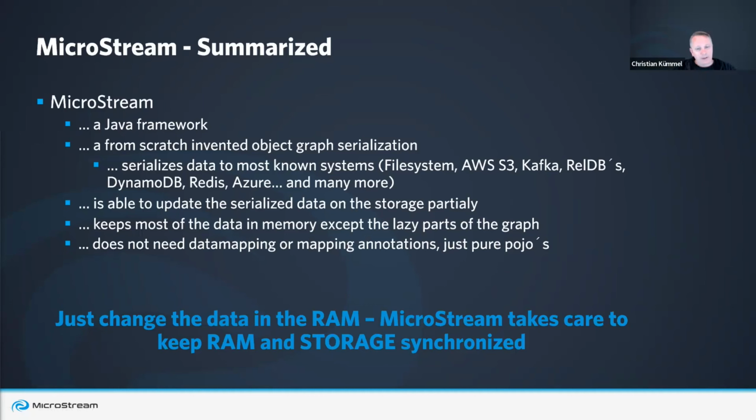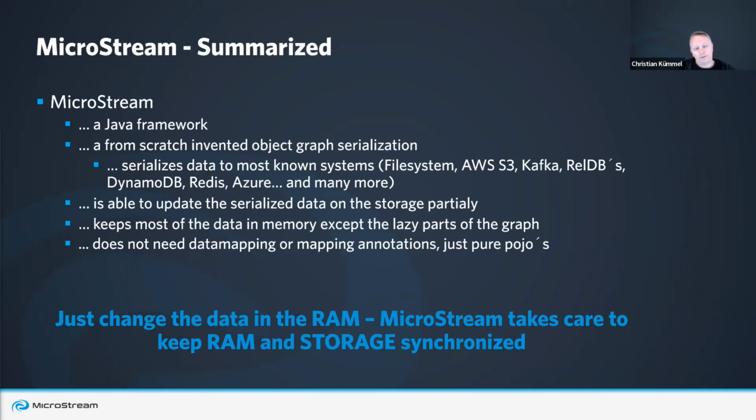There is no data mapping anymore. Because, as I said, it's a Java framework, so there is no database server on another side. And that's also the reason why we don't have to create any database structure, or a second structure on the database side, and we don't have to do some OR mapping, for example, or any mapping to any other data structure like JSON or to any other format.